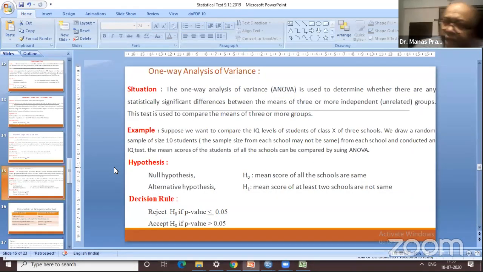Okay. So in parametric tests, we have conducted 4 tests: single sample t-test, independent sample t-test or 2 sample t-test, then paired t-test, and then one-way analysis of variance. These are all parametric tests. You have to apply these when your data follows a normal distribution. If your data doesn't follow a normal distribution, then we have to go for non-parametric tests.